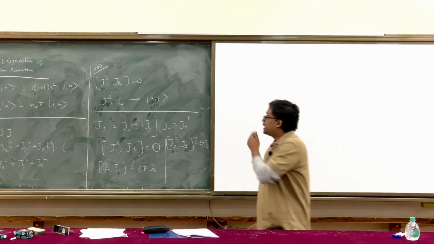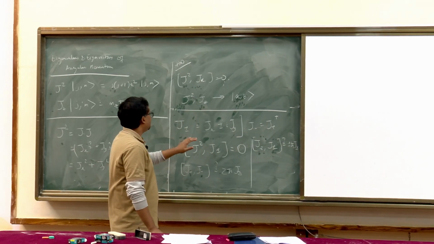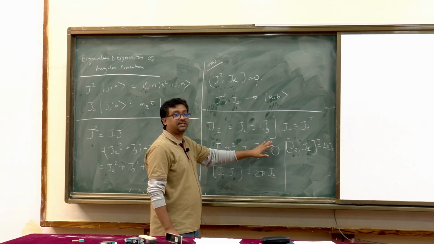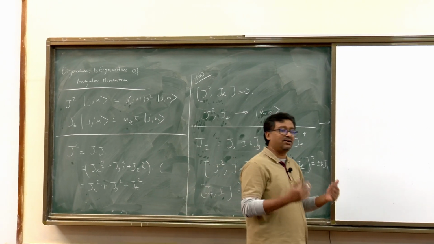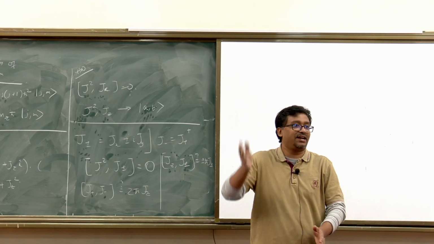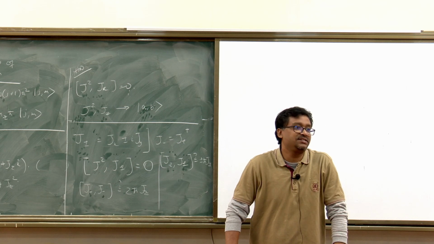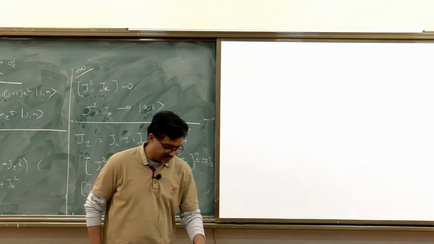For example, if I had taken Jx here, then these ladder operators would have been made of Jy and Jz, and so on. By convention, the first choice is the z axis: you align everything along the z axis and take that as a convention. There is nothing special about the z axis as such. Okay.